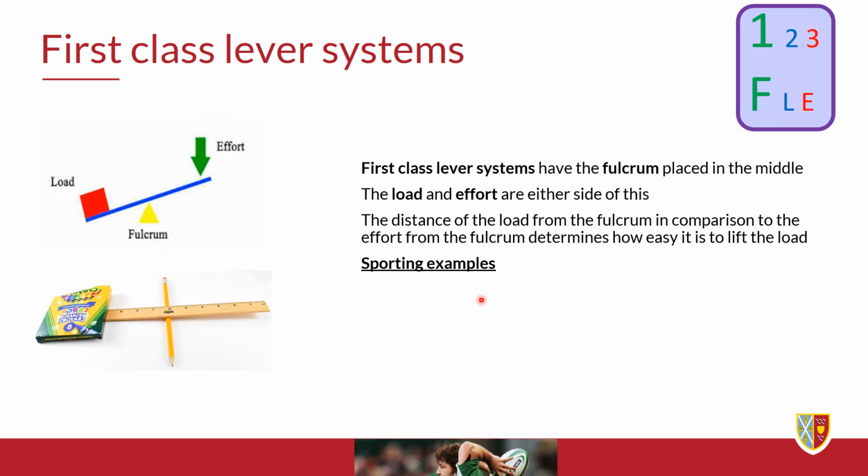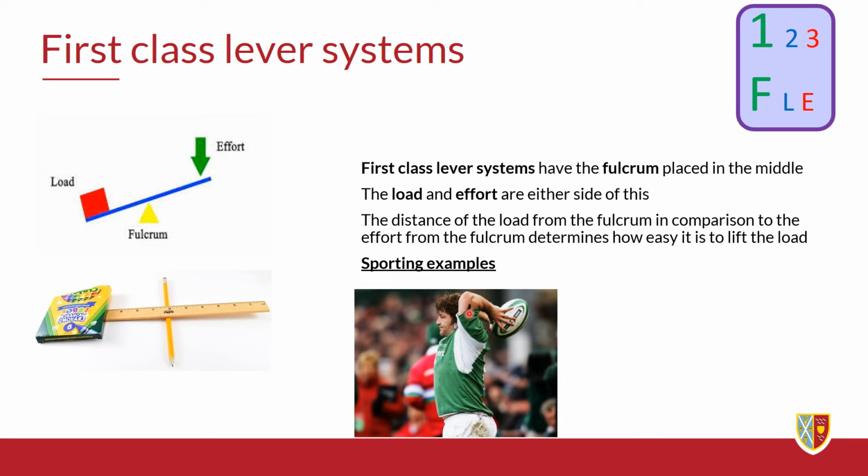Spotting examples of this then. Because the tricep attaches to the elbow at this point here, behind the elbow, we have effort applied here, fulcrum here, and load here. So the fulcrum is found in the middle, which makes this a first class lever.